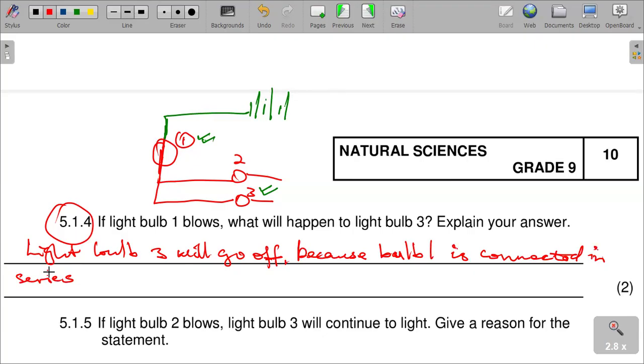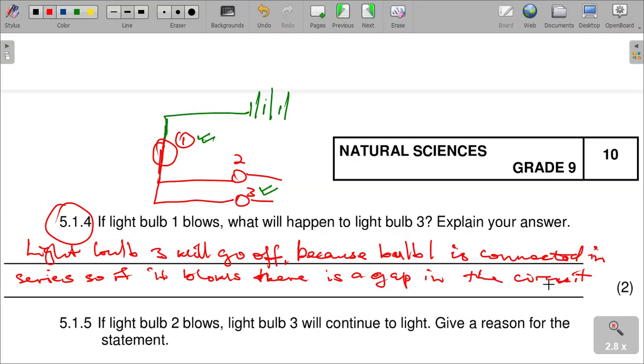So if it blows, there is a gap in the circuit. That is why you see bulb 3 going off also.